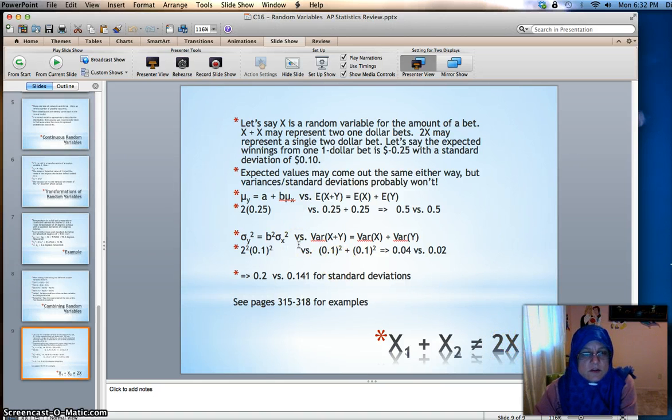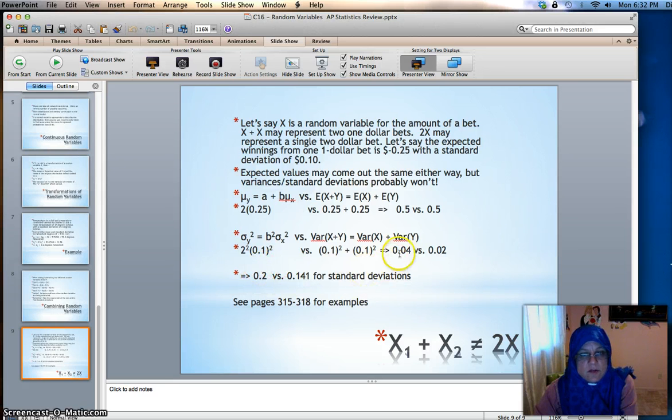But let's look at the equations for the standard deviation. If we have a single random variable and we're multiplying it by 2, that's 2 squared times the standard deviation squared, 0.1 squared, and the standard deviation comes out to 0.2. But if we have two different random variables and we're adding them, the variances are each 0.1 squared, and we need to add those. 0.1 squared plus 0.1 squared is 0.02, and when you take the square root of that, you get 0.141.